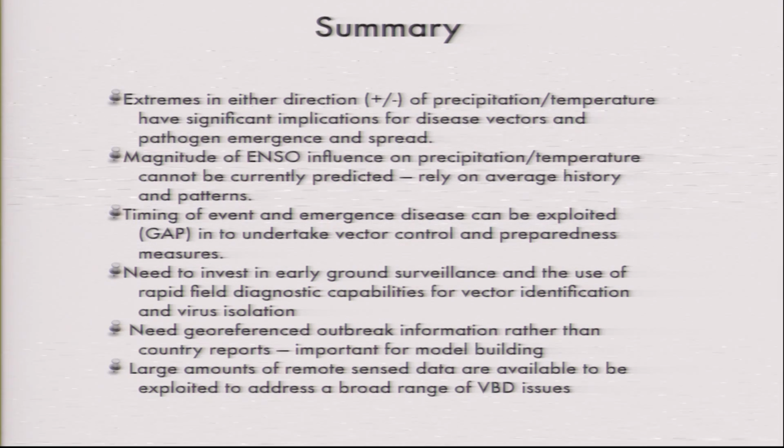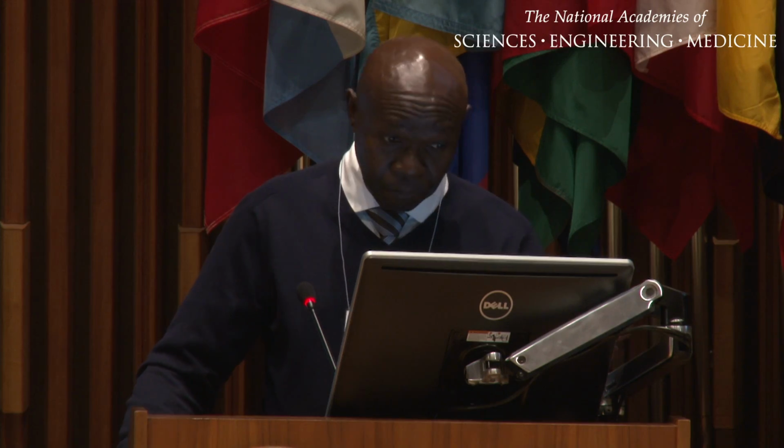Currently, the magnitude of El Nino or ENSO cannot accurately predict the amount of rainfall. However, we can use the template of the average history of these events to make statements about the occurrence of particular diseases in particular locations.